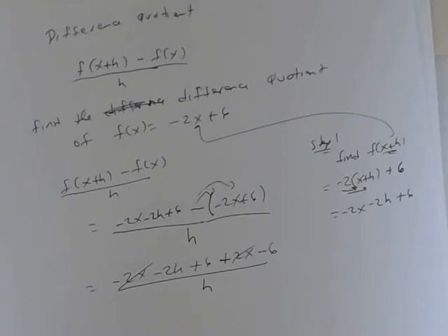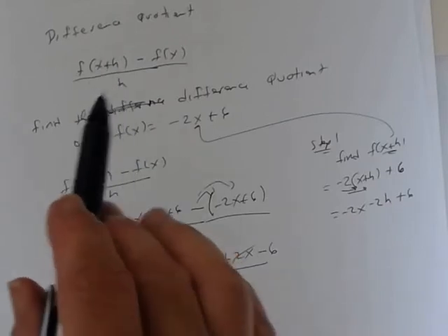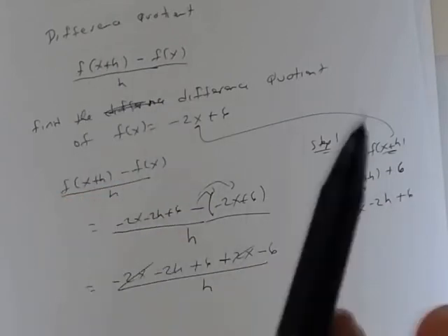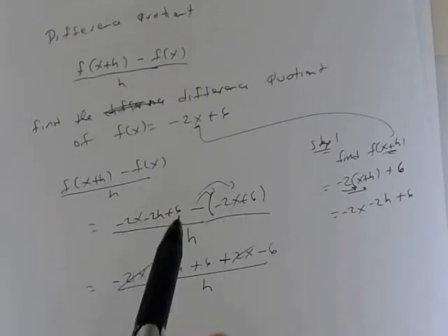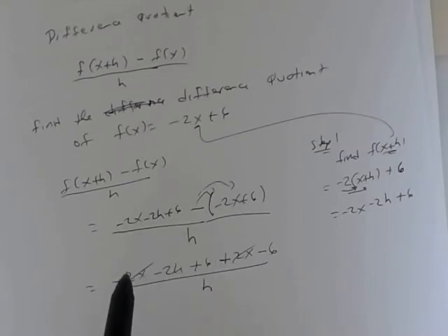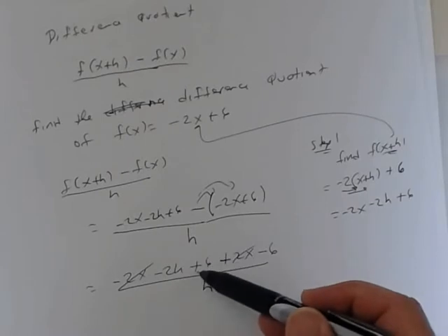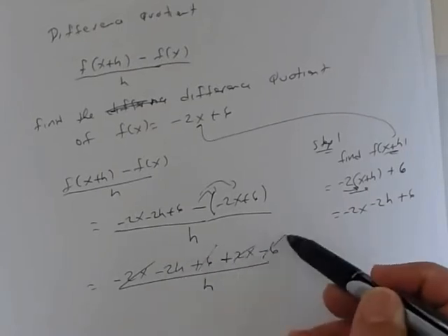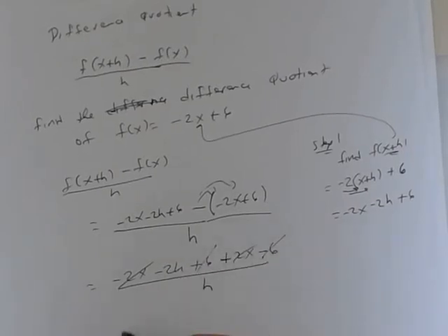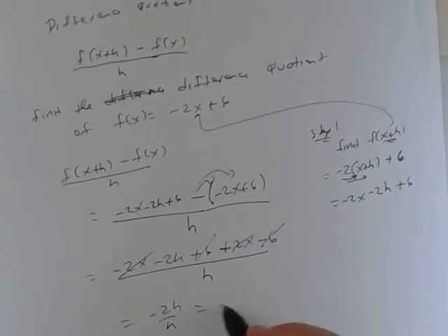Okay? At this point, always, whether it's linear or quadratic or cubic, and you're not going to do cubic because it takes too long, anything that doesn't have an h in it is going to cancel out. You see a 6? Is its opposite located? What's left? And then reduce negative 2.